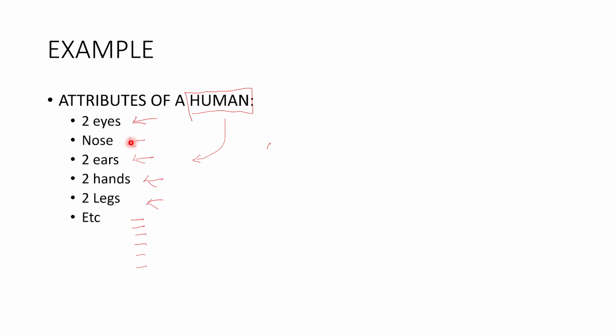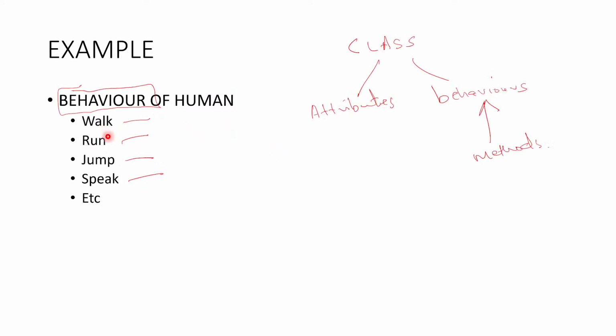We know that a human has eyes, nose, ears, hands, legs, and so many other things. These are all the different attributes for the human being. But also as a human being, I can walk, I can run, I can jump, I can speak, and there are many other things I can do. These are the behaviors of your class.